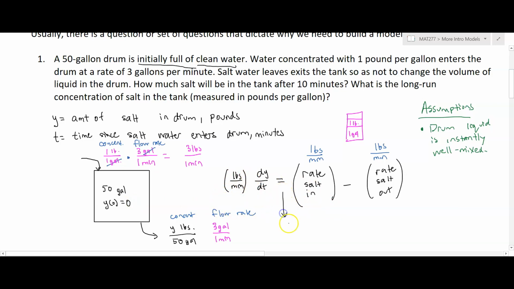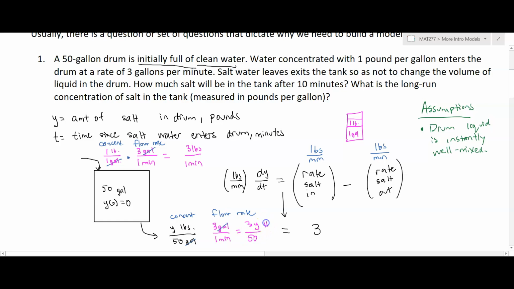Our dy/dt is going to equal the rate in, which we said is 3. I'm just going to write 3. I'm not going to use the units now because it's already in pounds per minute. Now down here we'll have the same dimensional analysis, because the gallons will cancel and we'll be in pounds per minute, except in this context we'll have Y times 3, or 3Y pounds, divided by 50 times 1, which is 50 minutes.